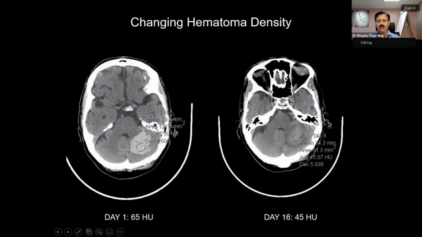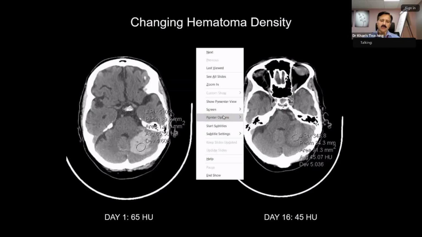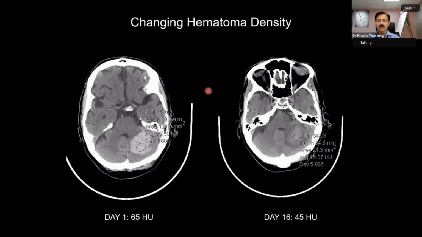So one concept is that on a CT, hemorrhage loses density about 1.5 Hounsfield unit per day. So this is a day 16 hematoma and the density is now 45 Hounsfield unit. Initially it was 65. Please remember that acute hematoma on CT scan is between 56 and 76 Hounsfield unit.